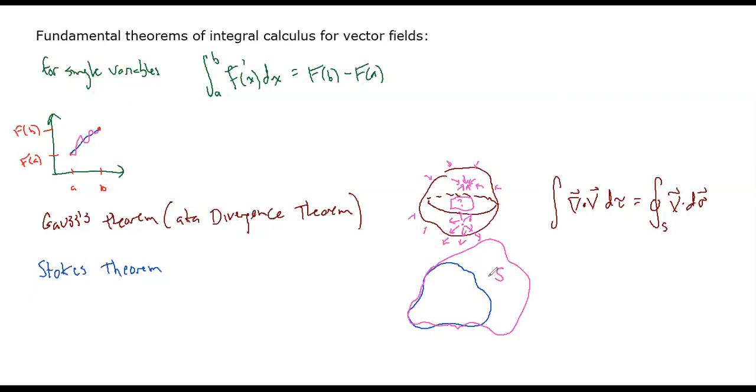So I have a surface S and it's got a boundary in this blue line. Stokes' theorem says that all of the curl in the surface can be related to the action or behavior at the boundary. So I want to take all of the curl in the surface and dot it with this element.